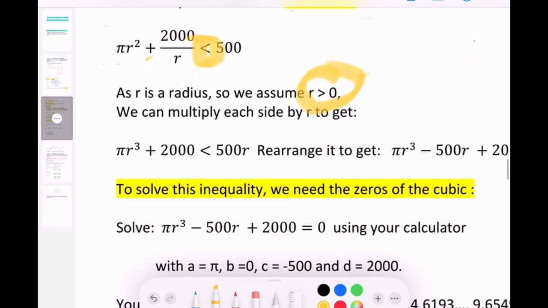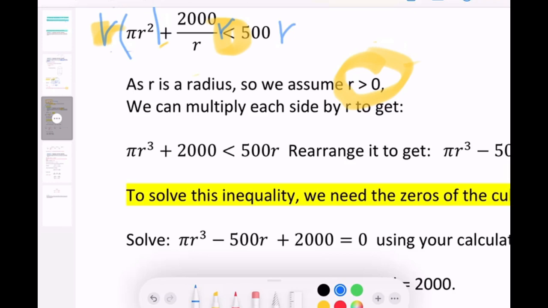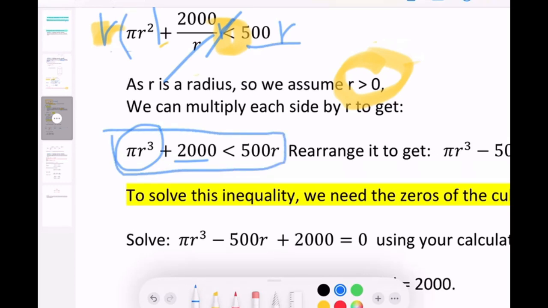So when I multiply here by r, here by r, here by r, and here by r, I get r cubed, and this r cancels with this r. I get 2000, and here 500r. So this is my simplified form. As you can see, I don't have any rational inequality.